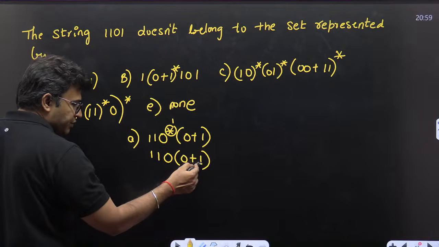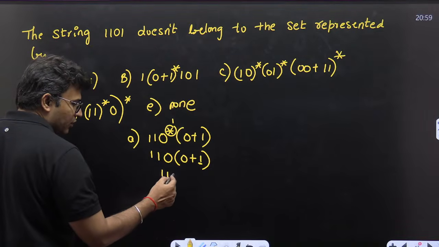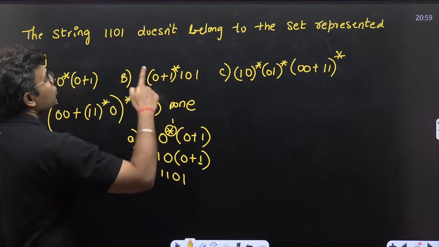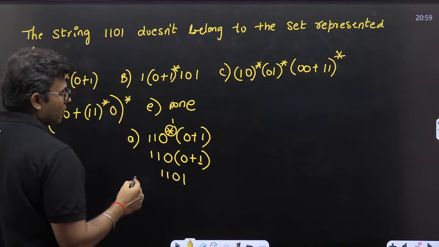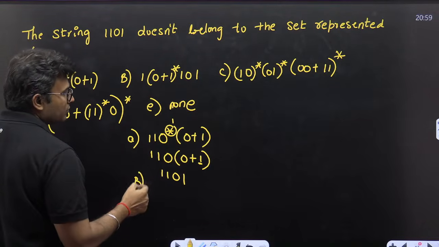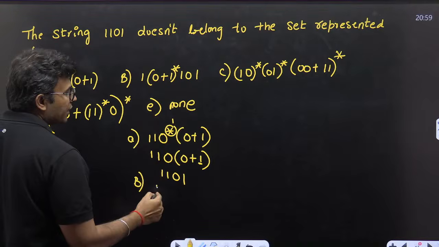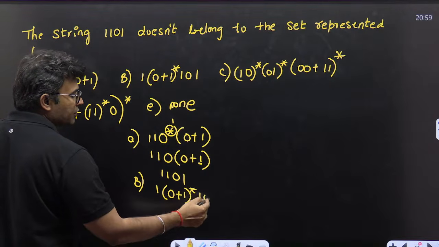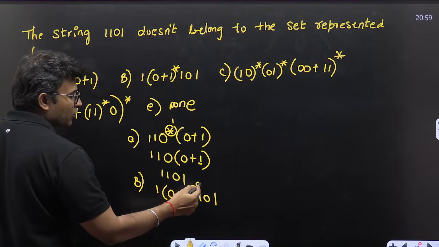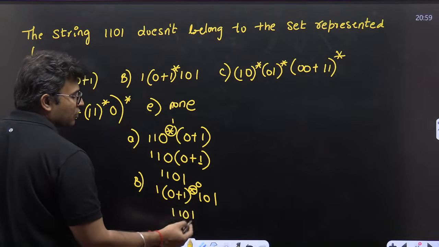Now if I use this one, then I will get 1101, right? So it belongs to A. Now what about B? So I will take 1, 0 plus 1 star 101. Now if I put a 0 here, directly I am getting 1101, right?